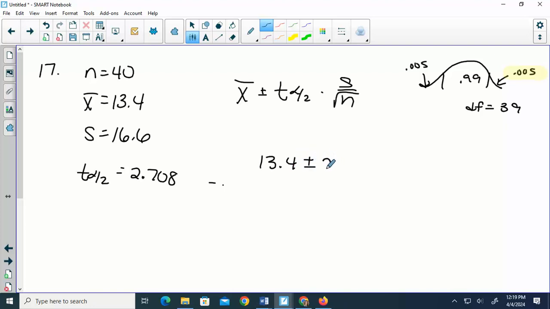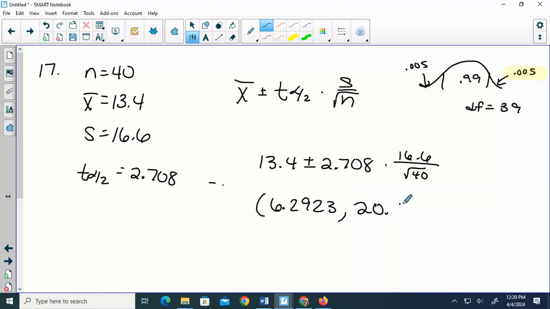13.4 plus or minus 2.708 times 16.6 over the square root of 40. Do the minus one first. You get 6.2923. And when you do the plus, you get 20.5077.